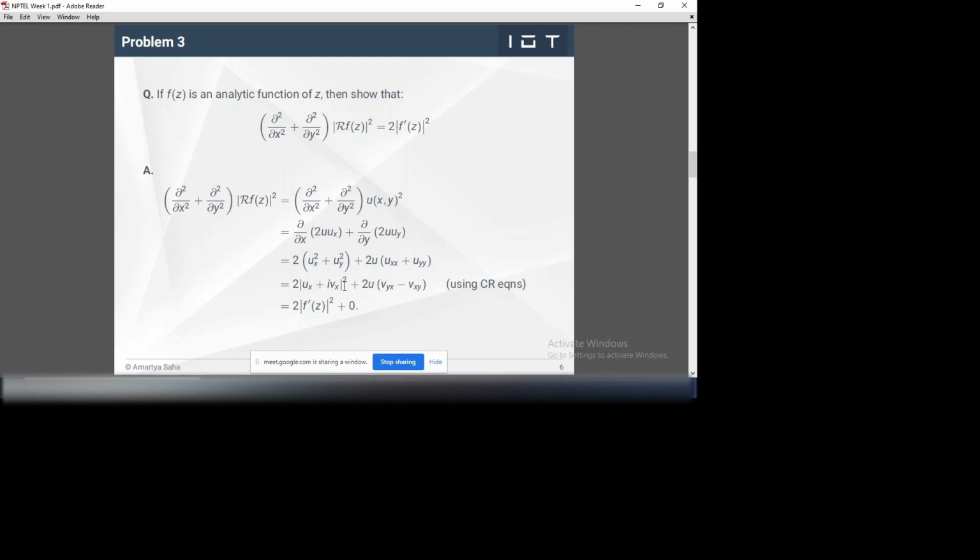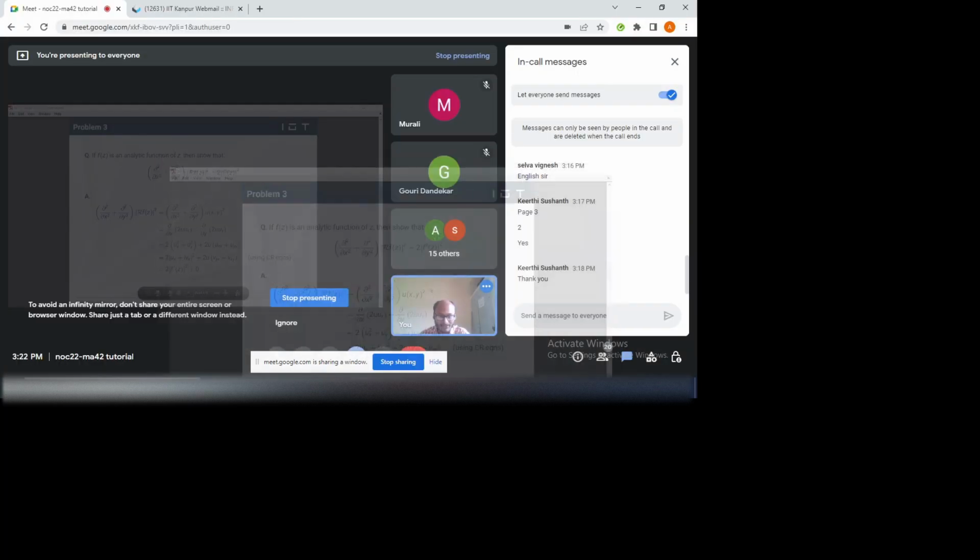If we take this modulus, this is nothing but u_x squared plus v_x squared, and due to the Cauchy-Riemann equations, u_y squared equals v_x squared. So this first term leads to the square of the absolute value of this complex quantity. This much is fine, I guess.